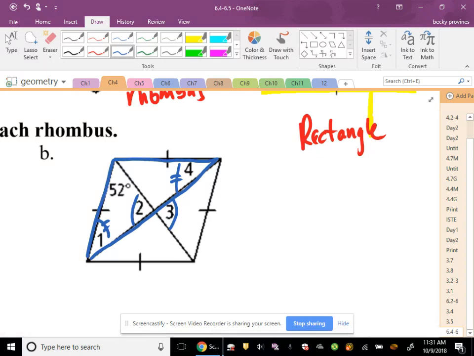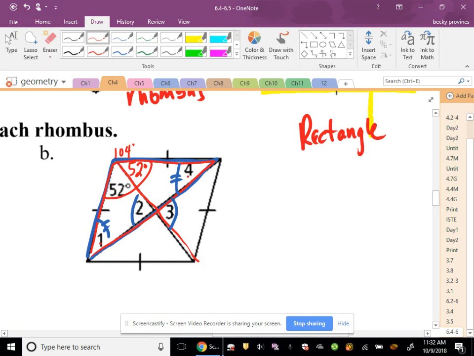Okay, let's come up with a plan here. We know this is an angle bisector, so this angle up here is really 52 degrees. So on this big triangle again, this top angle is 104 now.